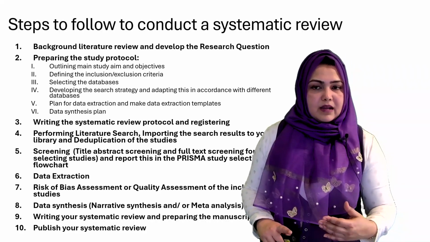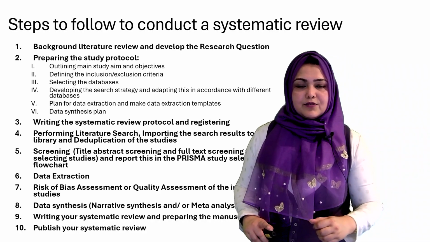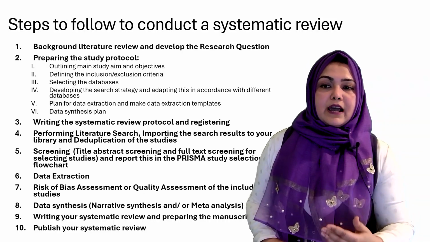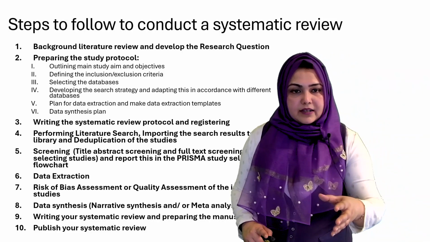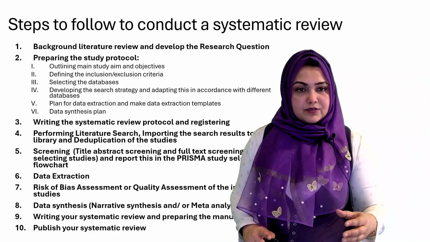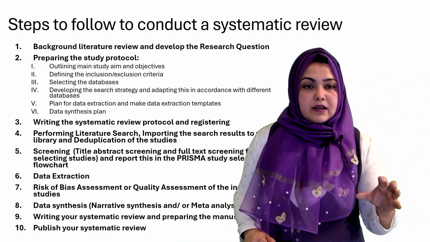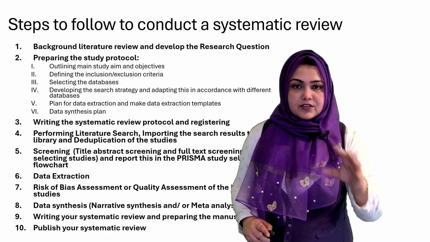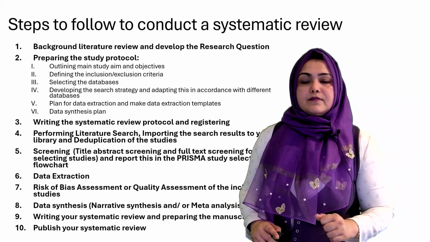These are the main ones, and some other related databases. So it depends on your discipline. You need to select, and you can also talk with your librarian from your educational institute about which databases would be suitable to search for your area of research or your research question.